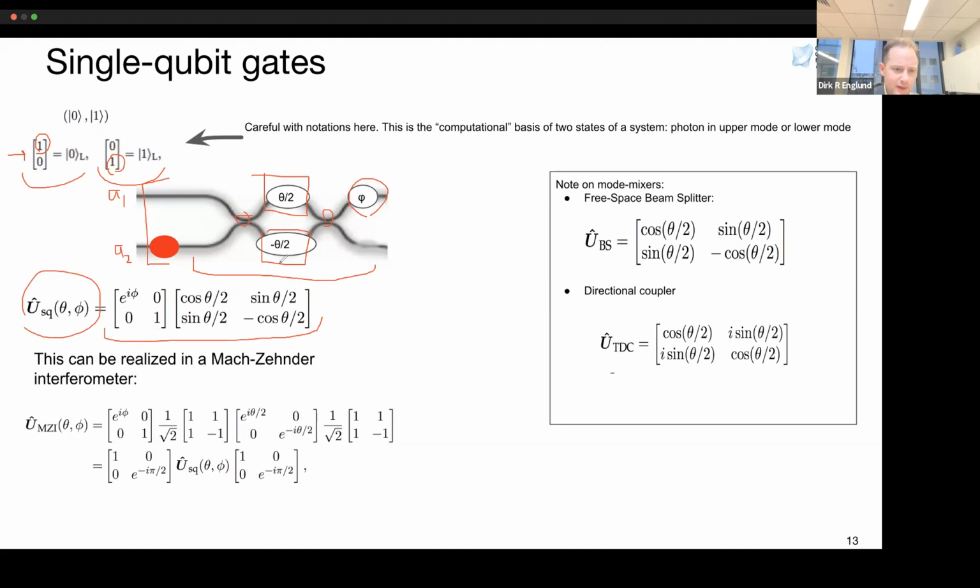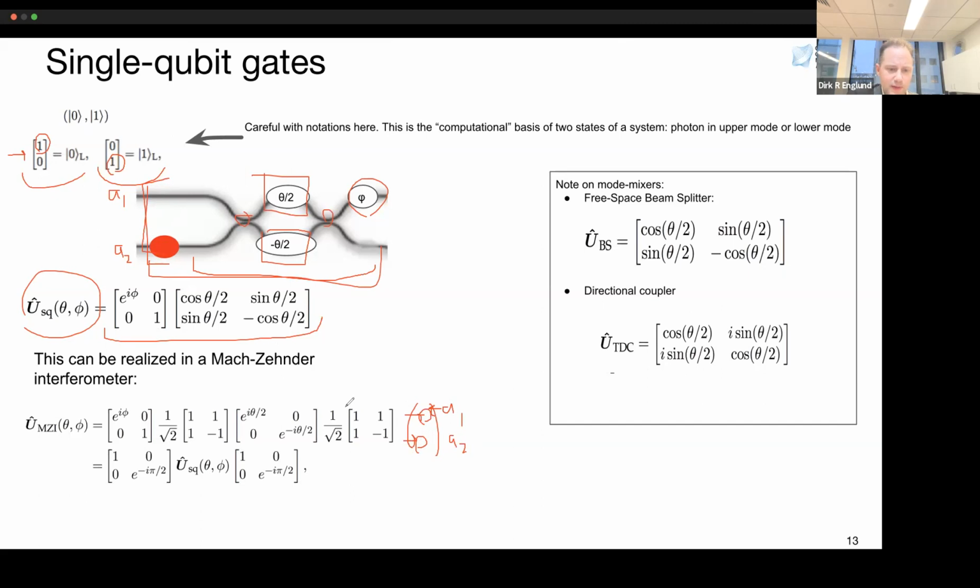Because if we look at the Mach-Zehnder interferometer description of this, we have an input. So here would be the input state. This here is mode A1 in the top row and mode A2 in the bottom row. This could be representing your optical field strengths in there.